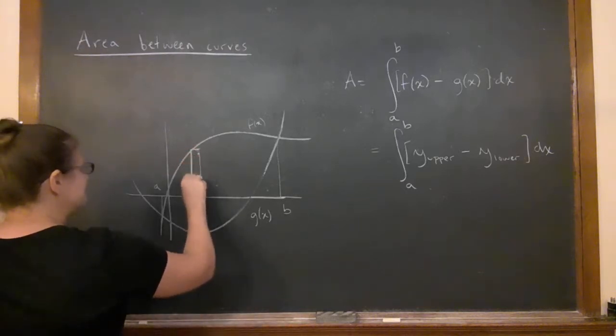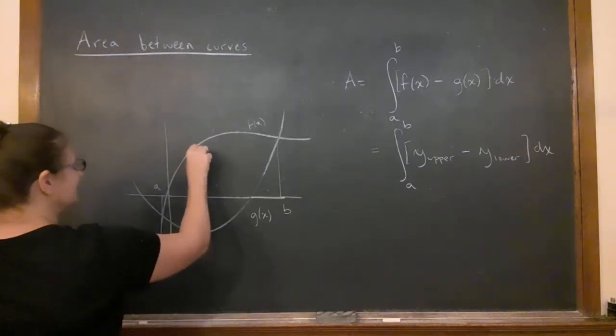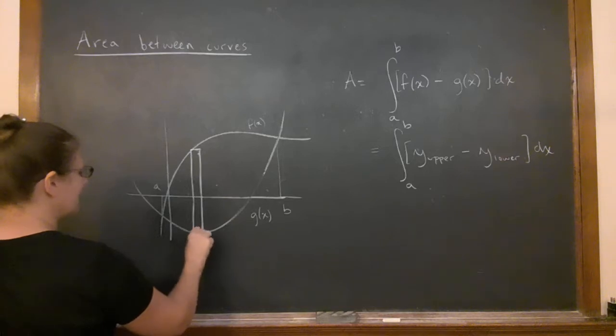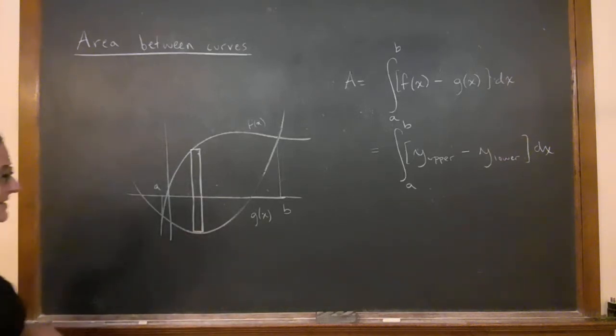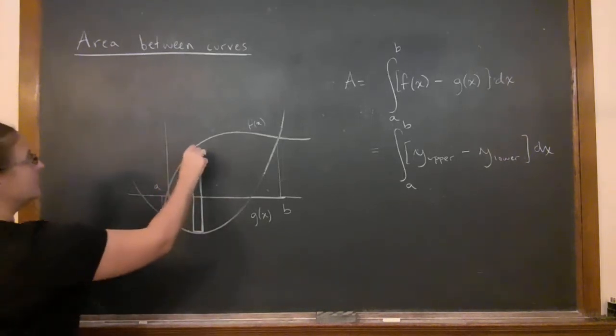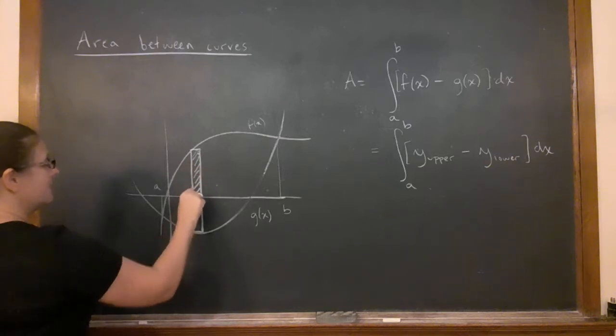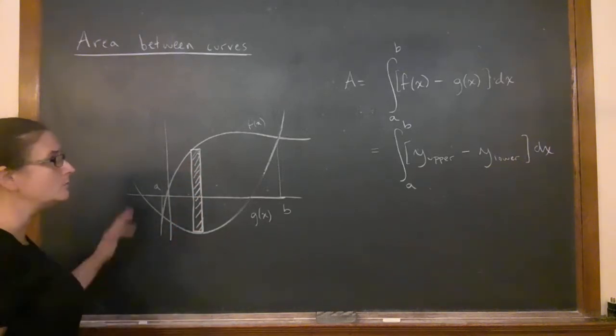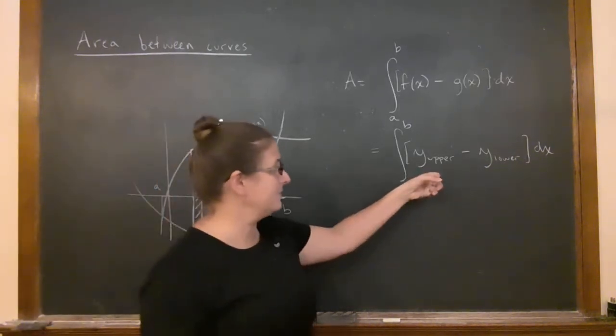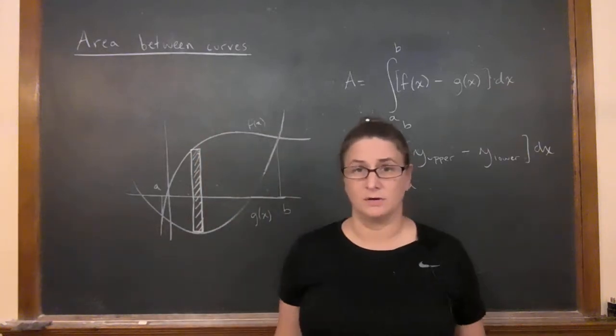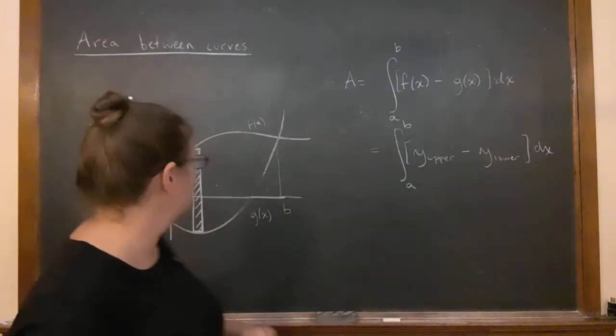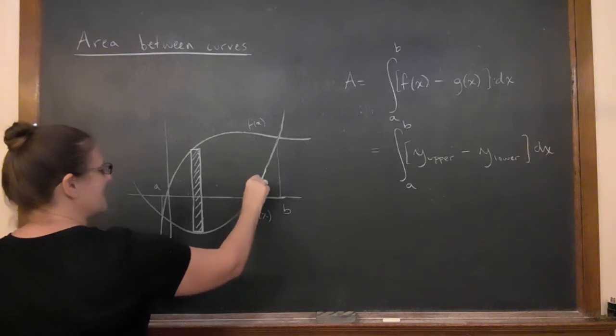So it doesn't make a difference whether it's above or below the axis. To get the area between the curves, you want the upper curve minus the lower curve. Okay? That didn't come out very well, but you get the idea.